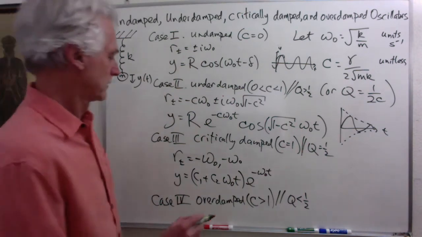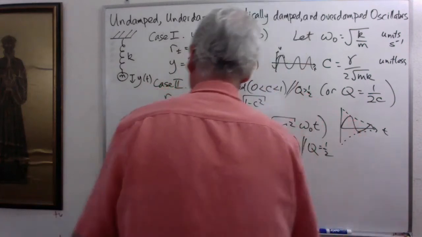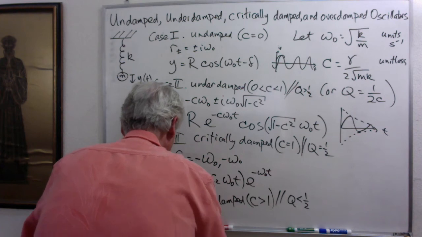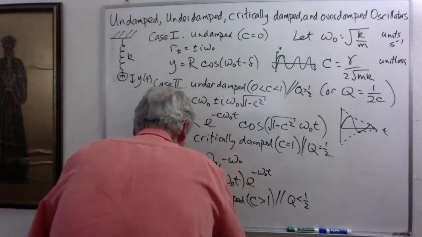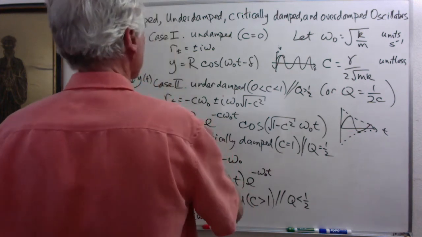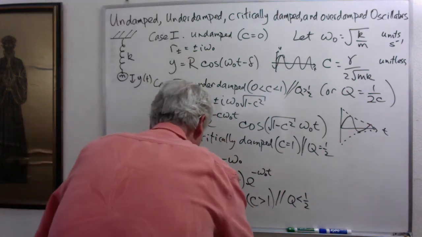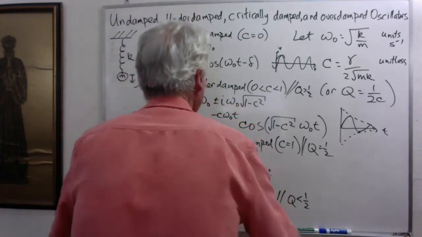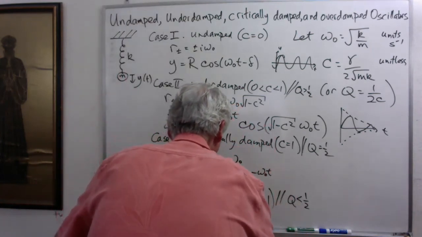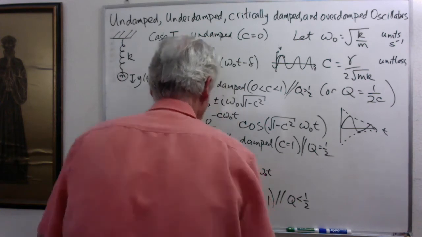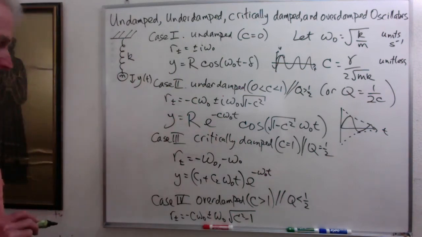So here we have the roots r plus or minus is minus c omega naught, I think it's like that, plus or minus square root. Actually, I can do the same thing. I can write this as omega naught times now square root of c squared minus 1.